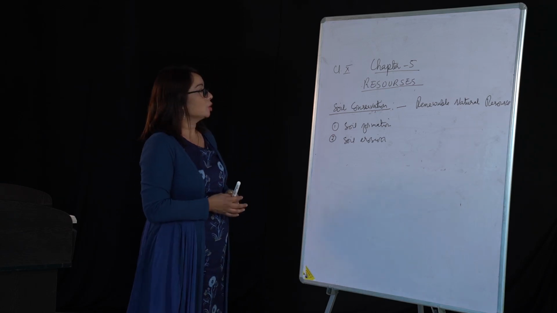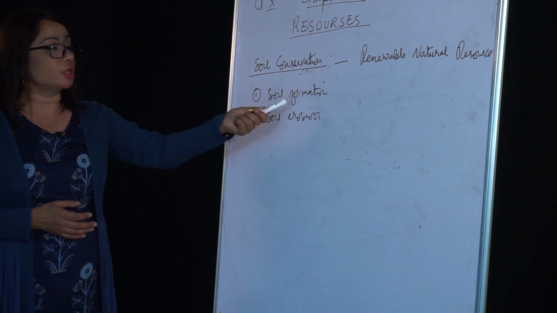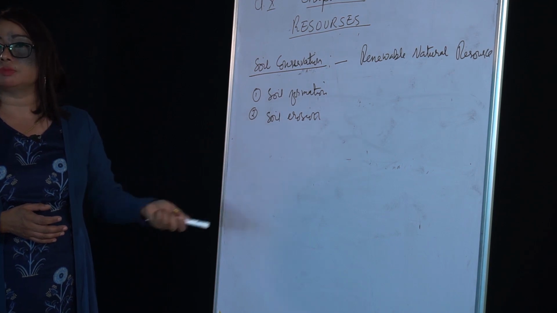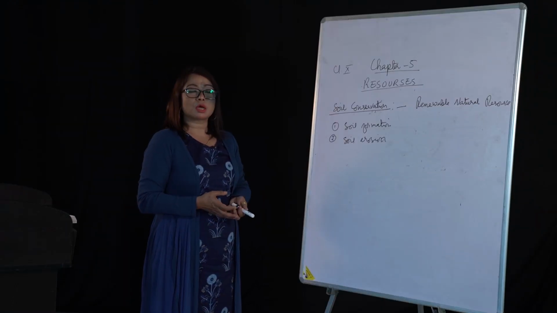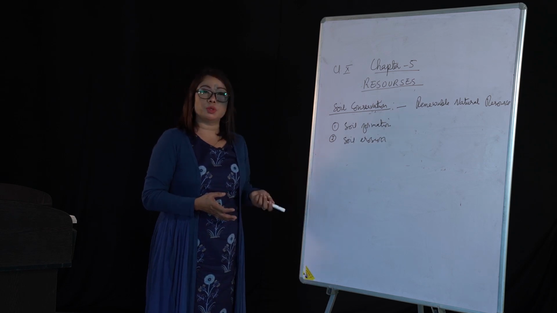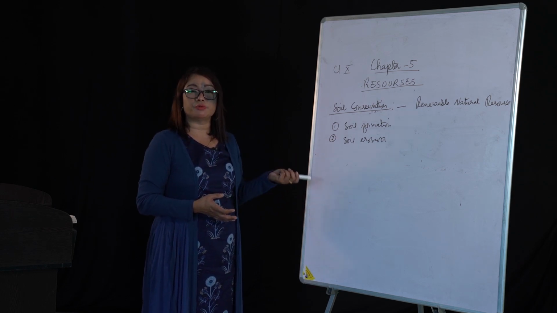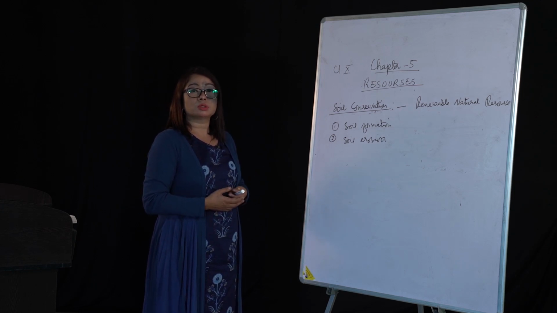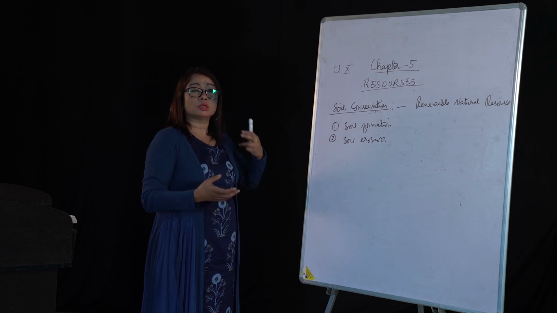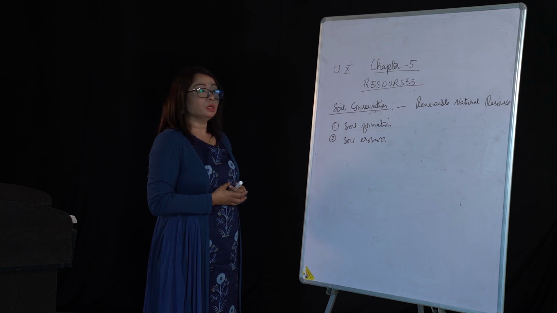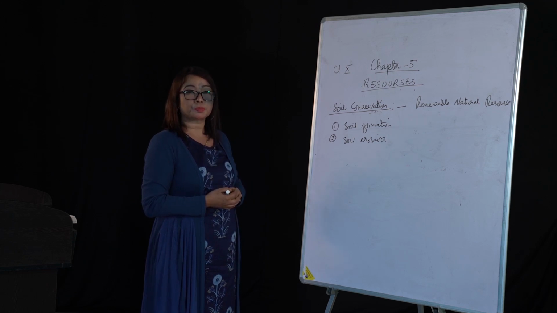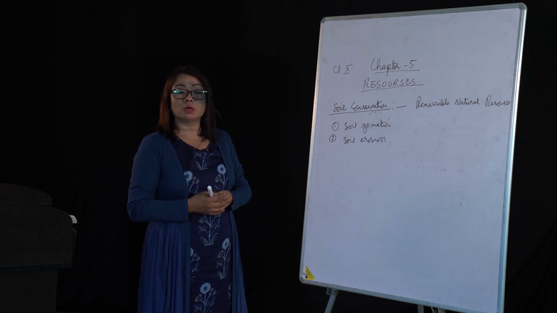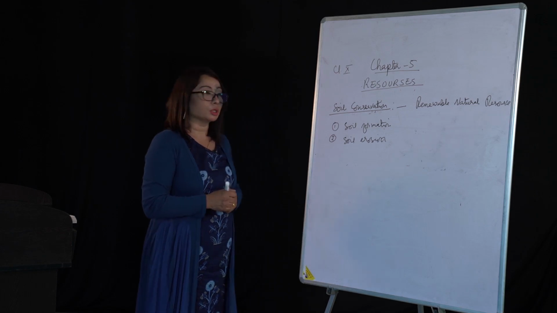I repeat, soil formation and soil erosion take place simultaneously in nature, and normally there is a balance between the two, but sometimes due to human interference like deforestation, mining, overgrazing and construction, and also natural processes, this balance gets disturbed. And so we need to take measures to save or prevent soil erosion.